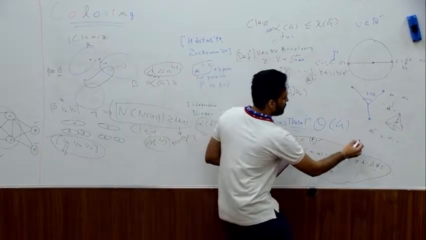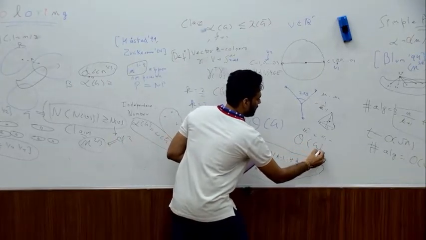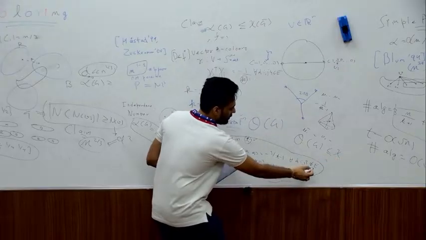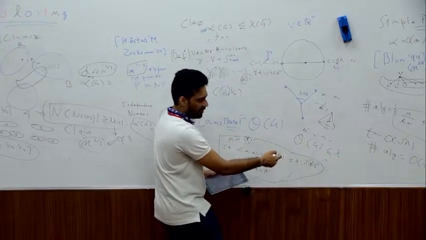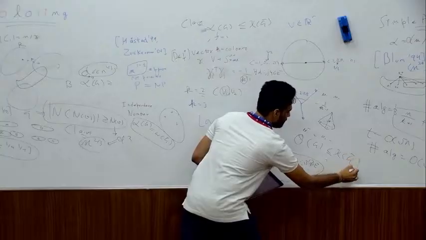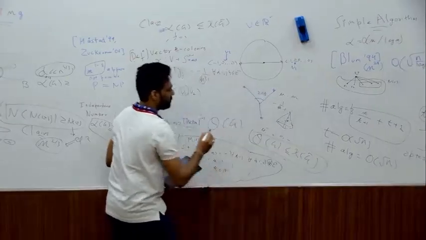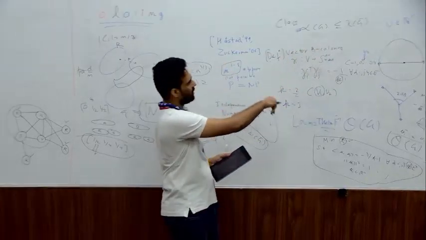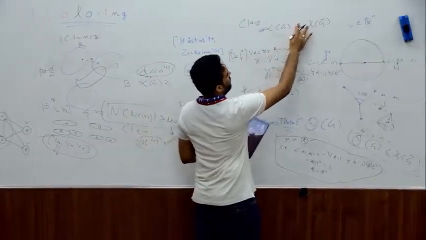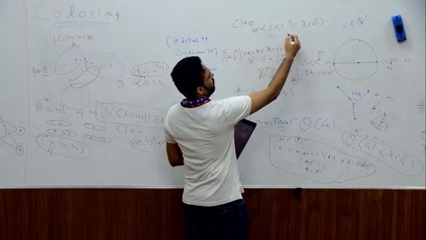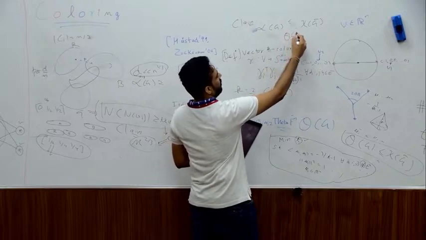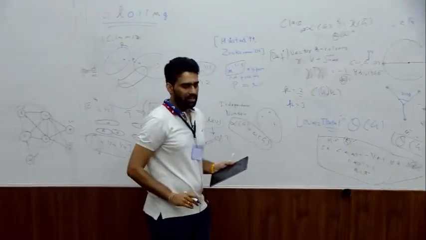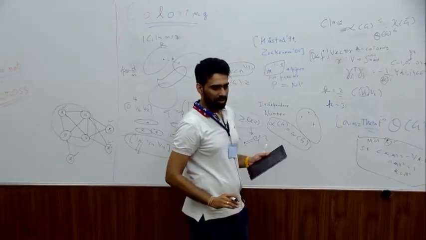So theta of g is actually less than the chromatic number in the complement graph, because I added the constraint here, right? So earlier we had this equation. Now we are showing that this is still true. But we have also found this quantity theta of g, which is the lowest theta function, which is at most this chromatic number in the complement graph.